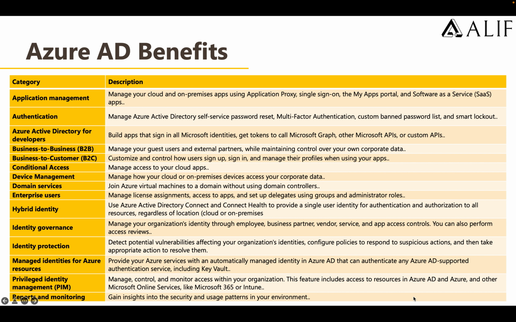That is one of the cases where Azure Active Directory came in and allows us to have seamless authentication using the managed identity from the Azure resources. Privileged identity management, and reporting and monitoring. So these are all the benefits of having Azure Active Directory.